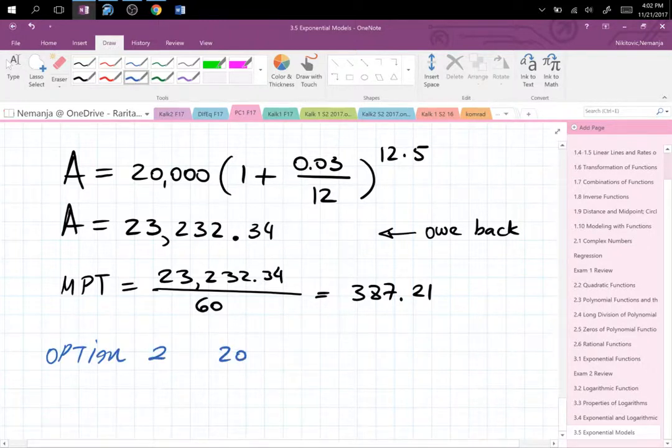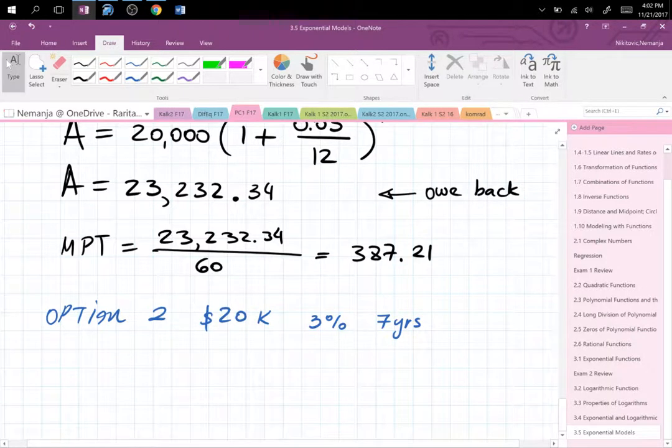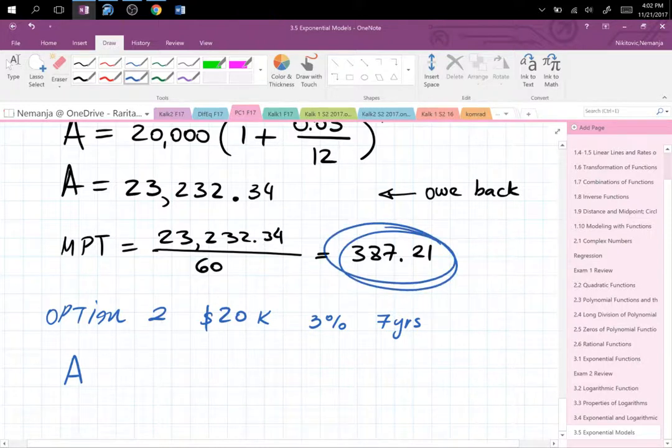Same 20K to borrow, 3% interest, but now 7 years. The monthly payment will go down. This is how they sell the cars. But we'll discover something else. Believe it or not, they can't wait for you to say, no, I can't do this. They can't wait. Let's see why.